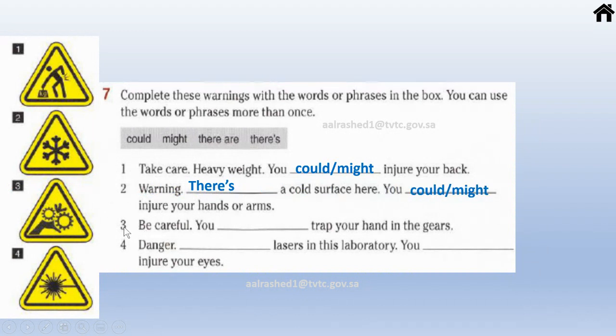Number 3. Be careful. احذر. You can see here, you. There is one word that fits with you that needs a subject. And it is used if you want to talk about rules. So here we are giving a rule.